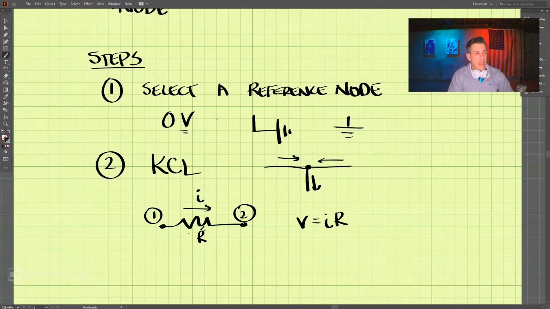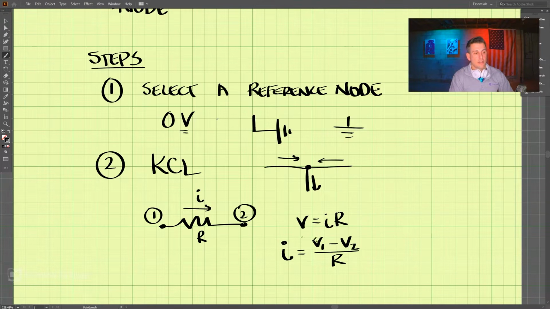So what we can do is write the current I is equal to V1 minus V2 divided by R. So this is the voltage across this resistor.